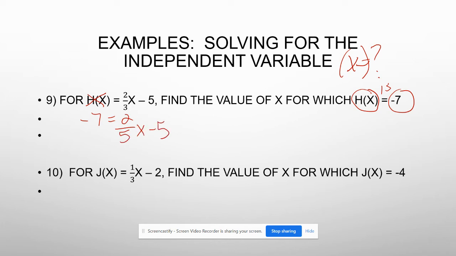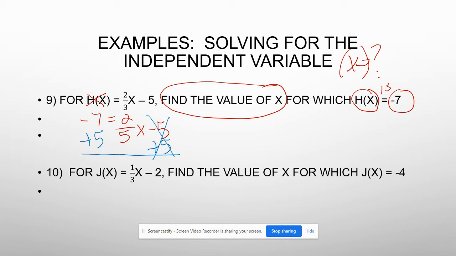Find x. So we're using backwards order of operations, SADMAP. We're going to add 5 to both sides to start getting x alone. Those add to 0. Negative 7 plus 5 is negative 2.